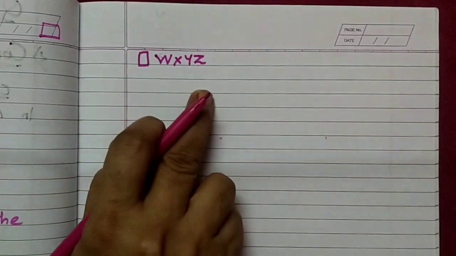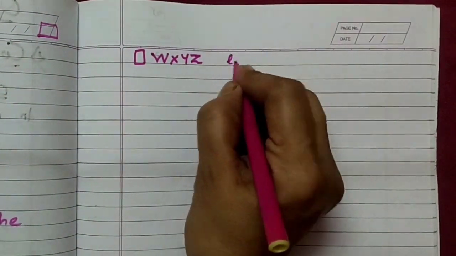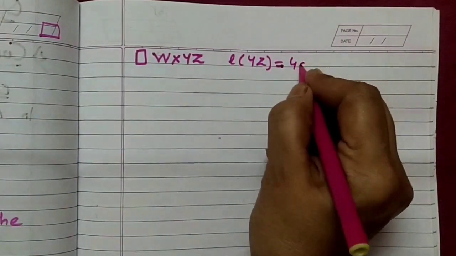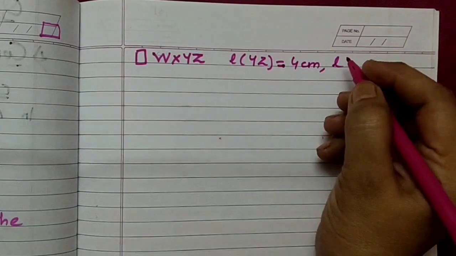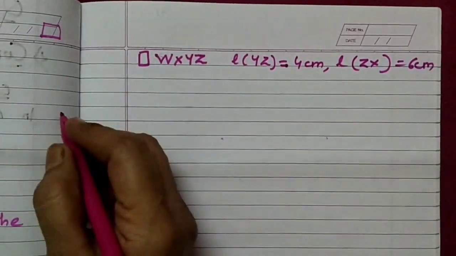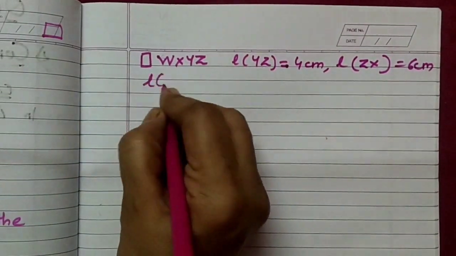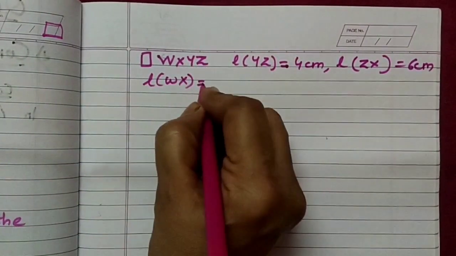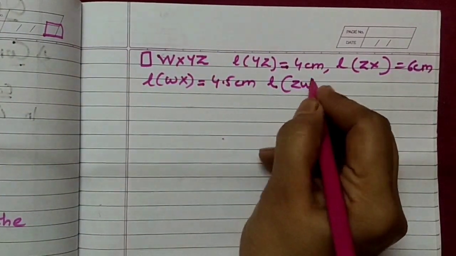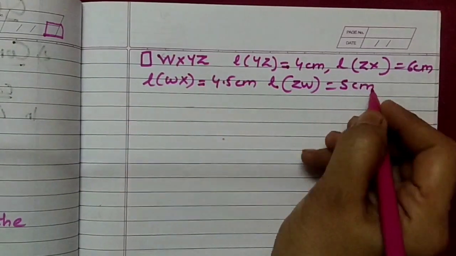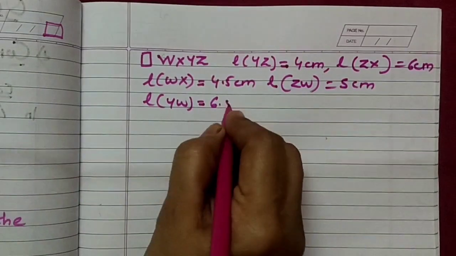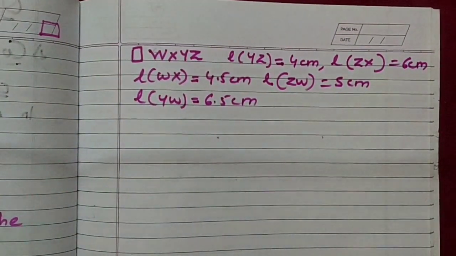That is the name of the quadrilateral, such that length of YZ is equal to 4 centimeter, length of ZX is equal to 6 centimeter, length of WX is equal to 4.5 centimeter, length of ZW is equal to 5 centimeter, and length of YW is equal to 6.5 centimeter.